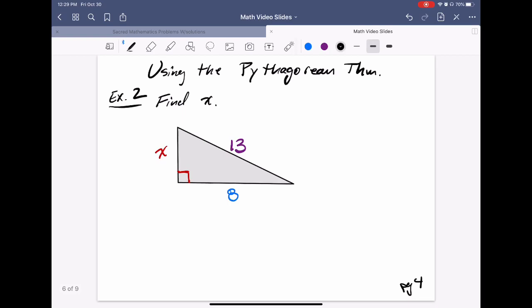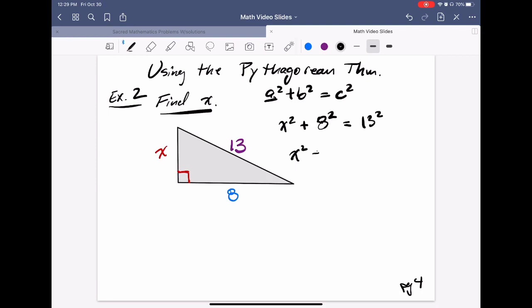Now, if I have the hypotenuse given to me, they're saying find x. Well, in my Pythagorean theorem, x is one of these sides. Let's say it's side A. So I'm going to have x squared plus 8 squared, because this will be side B, equals 13 squared.